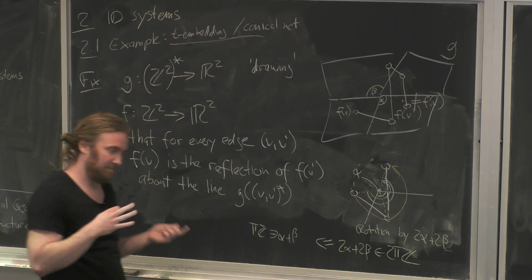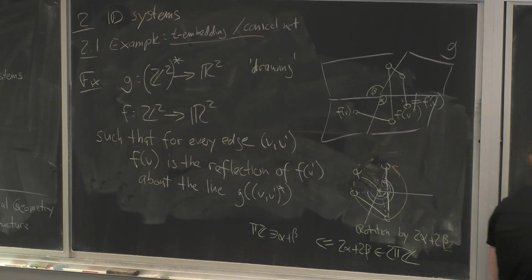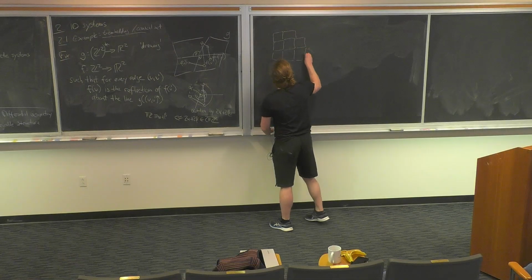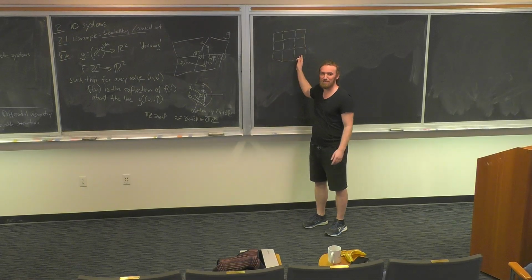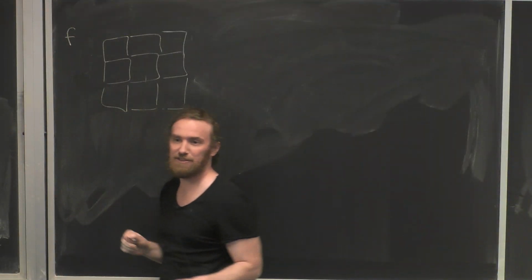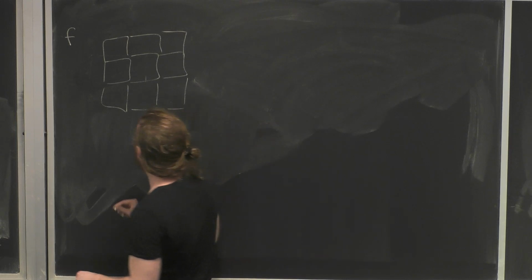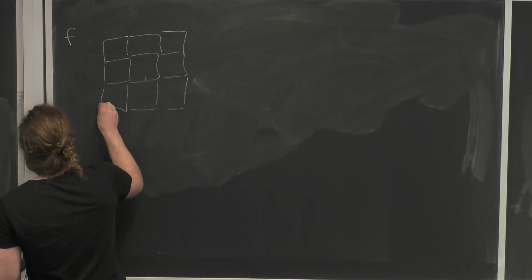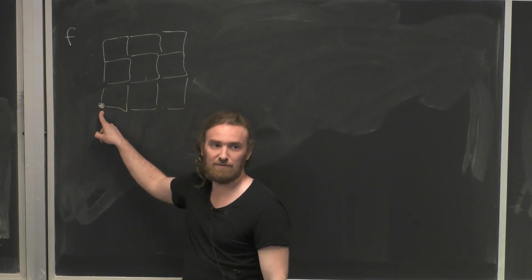Okay, so now we have a condition. Now let's look at the problem again. Inefficient way to draw this, but we're looking for f. We're now assuming that G satisfies this angle condition. One point I can choose however I want.